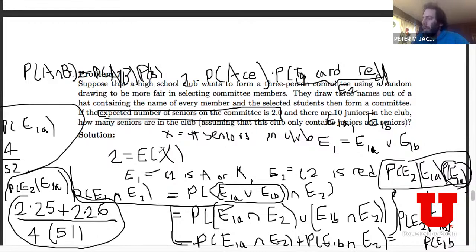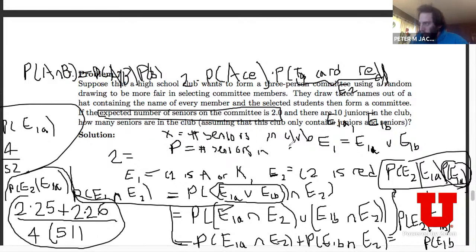X is not a random variable. It's just the number of seniors in the club, and it's just an unknown. But we do have a random variable. Let's call that P, and that's the number of seniors in the committee.